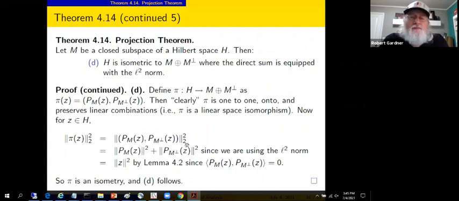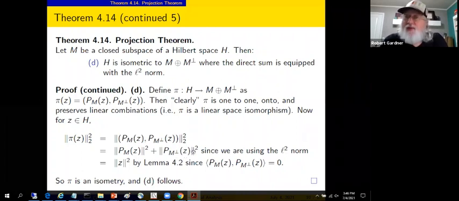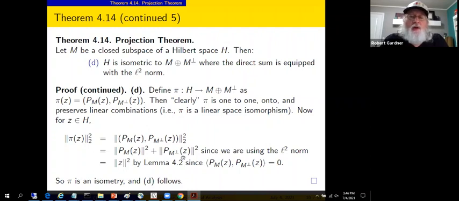The 2 norm would say, we'll take the norm of the first one squared, plus the norm of the second one squared, square root of. Well, the square root vanishes with the squaring here. And so we get the norm of the projection onto M squared plus the norm of the projection onto M perp squared. So now we're actually using the norm in space H.